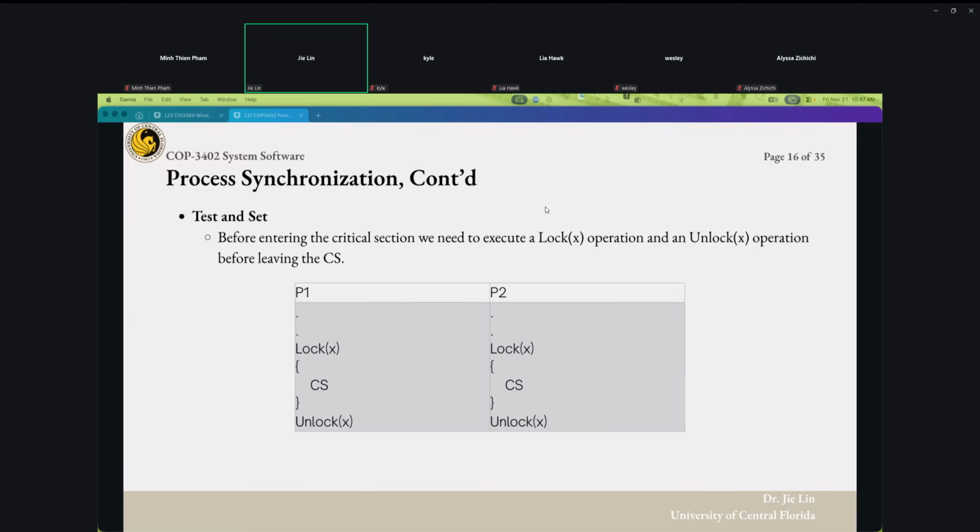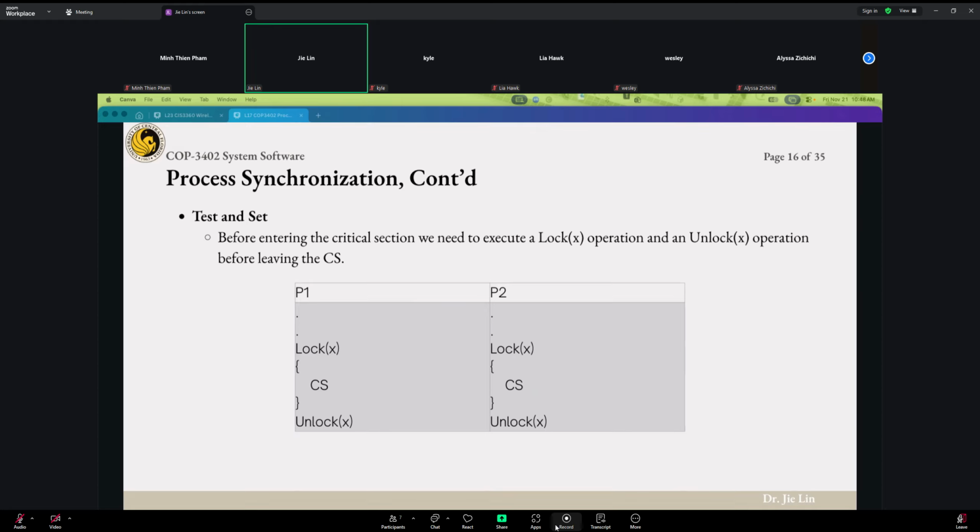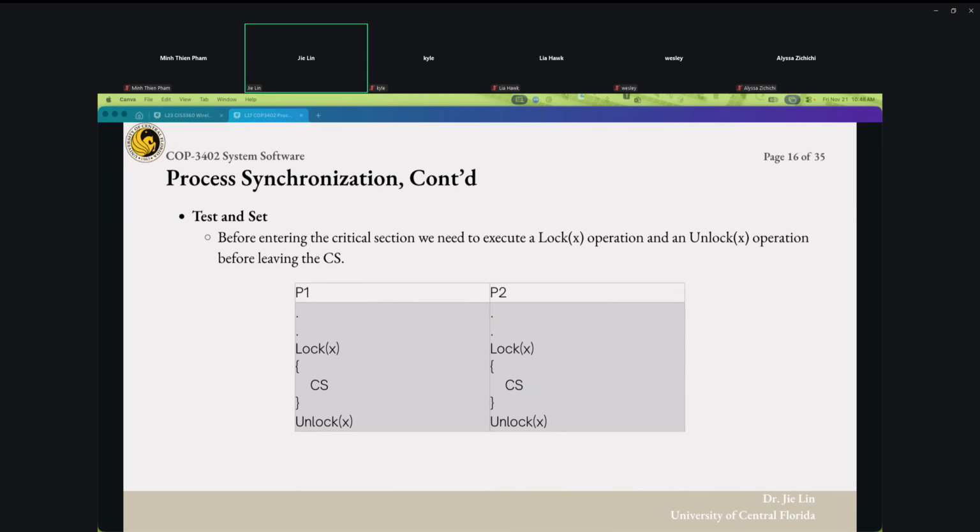Then P2 comes, sees that the door is locked, but doesn't have an indicator of what is happening, so P2 will consistently try the door to see if it is locked or unlocked. That is what P2 is doing. If P1 finishes its job, P1 unlocks the door and exits. Now P2 can enter and lock the door. This simple idea ensures mutual exclusion, allowing one process in its critical section at a time.